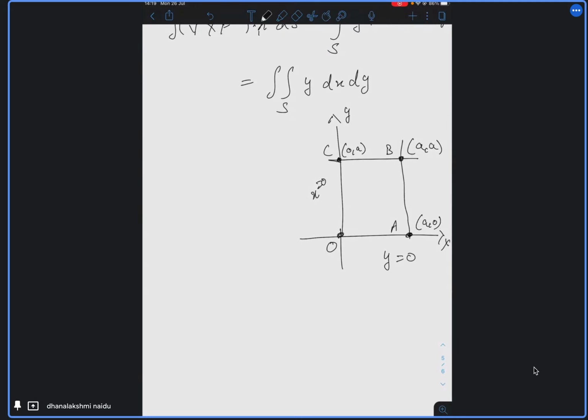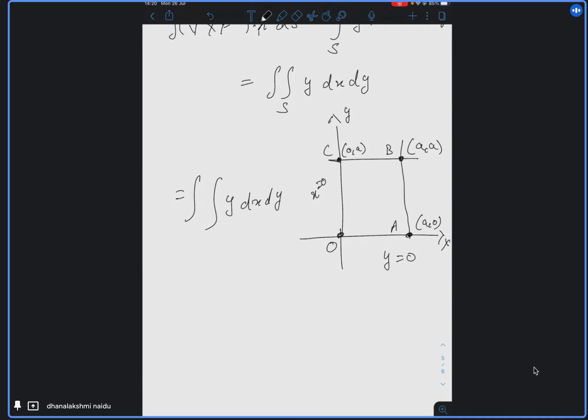Now you have to write the limits of x and y. So tell me what will be the limits of x and y? This is just a normal double integral, whichever order you take, it doesn't matter. Tell me the limits of x and y here.